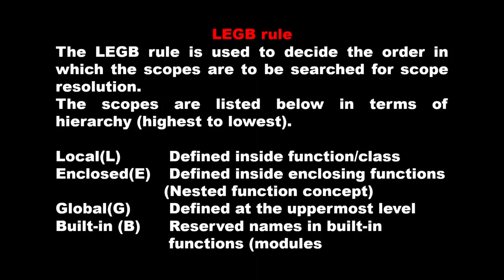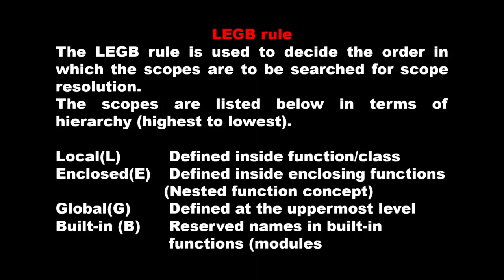In a program we may use all four, or we may be using one or two. So what this rule says is which one should be searched first. It is a hierarchical order. It is searching in the highest to lowest order.